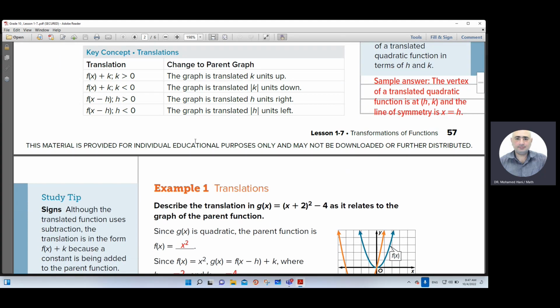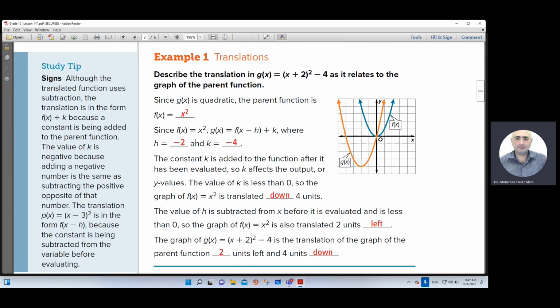Then we solved this example. We have this function g(x) equals (x minus h) squared plus k. When you have squared, it means you have a quadratic function. This is the function, and the second function is the translation.